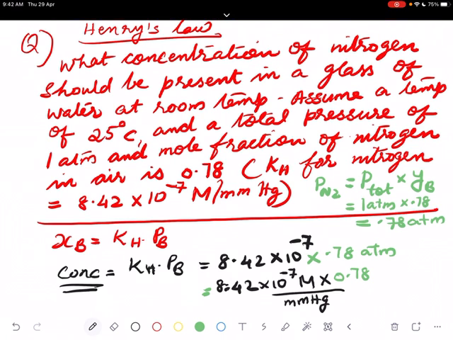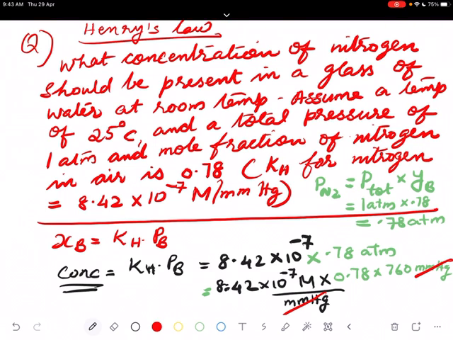That atmosphere I'm converting into mmHg. Yesterday we learned the conversion factor: 1 atmosphere is 760 mmHg. Now this mmHg will get cancelled.